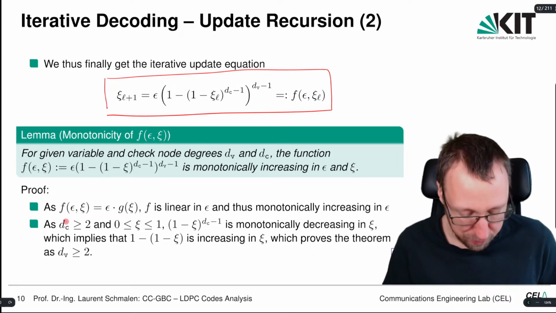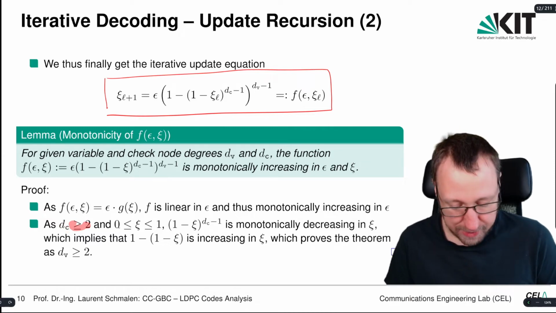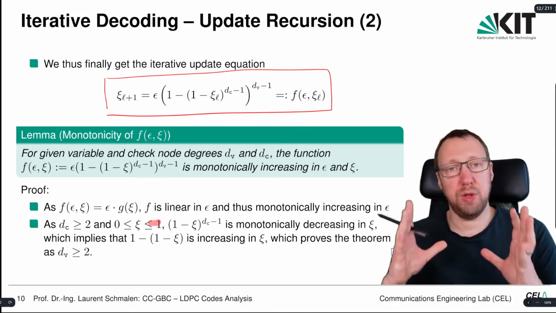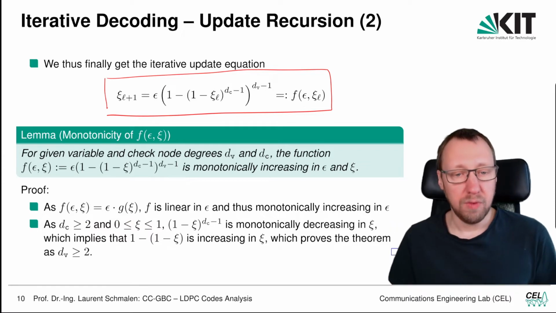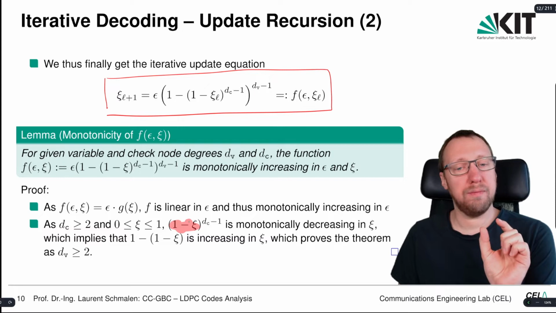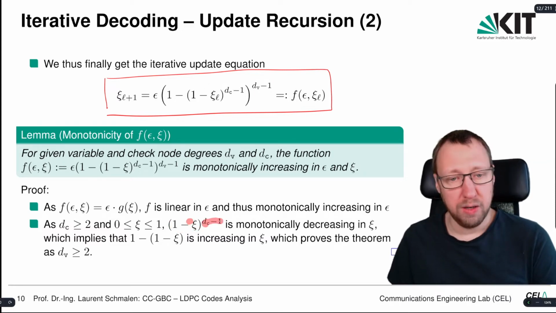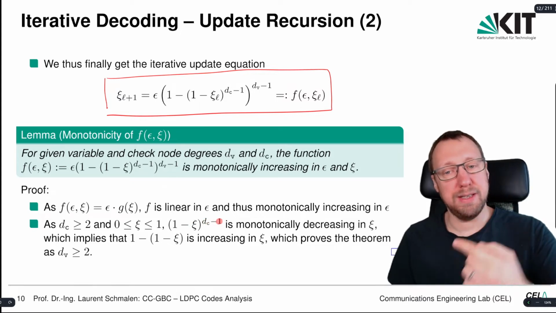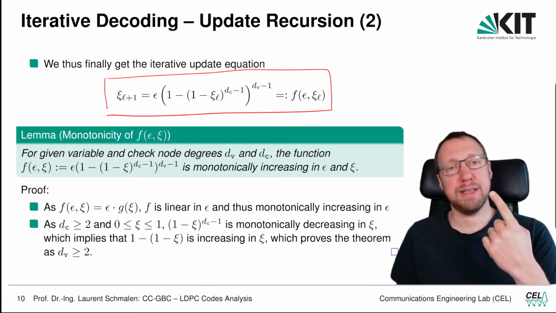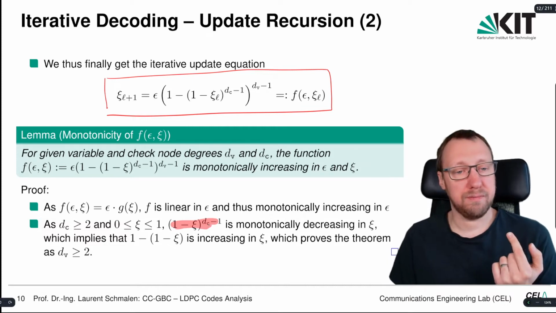Then we assume that the check node degree is larger or equal than 2. And xi is a probability. It's between 0 and 1. So therefore, 1 minus xi is also between 0 and 1. And (1 minus xi) to the power dc minus 1 is decreasing in xi. When we increase xi, this term will actually decrease.